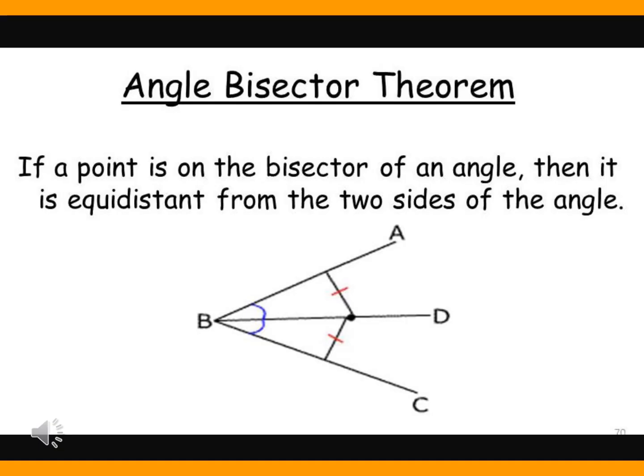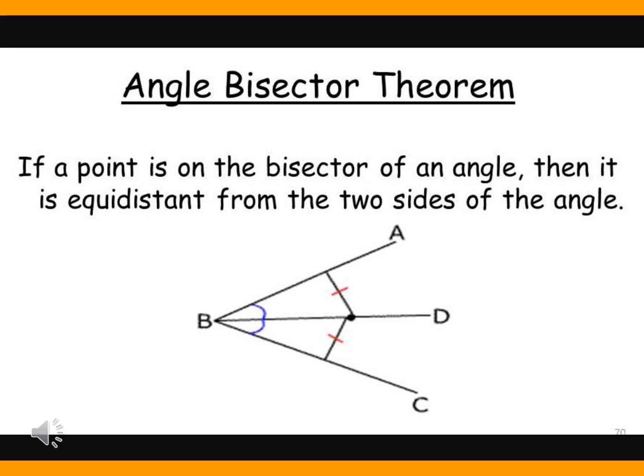Another quick rule is this one. It's what's officially called the angle bisector theorem. And it just says that if a point is on the bisector of an angle, then it's equidistant to the two sides of the angle.